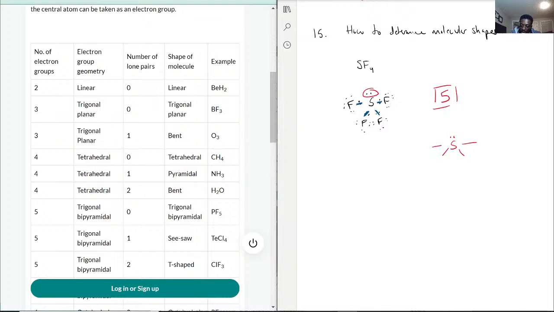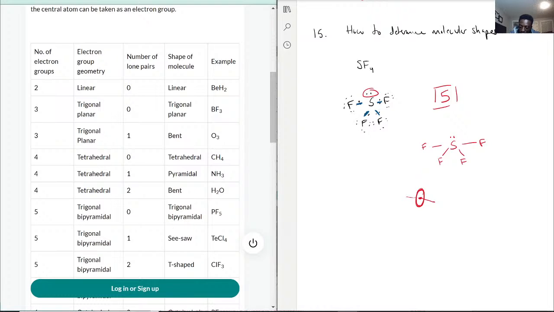With that being said, here are the 4 fluorides. Although I drew it to the side, think of it as a circle that goes like this, and the fluorine goes through the midpoint there.